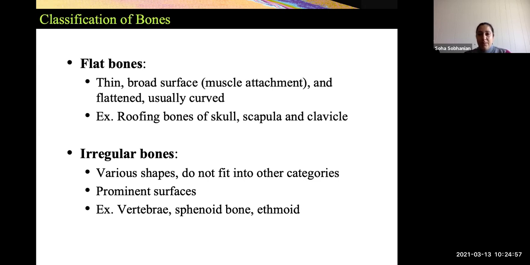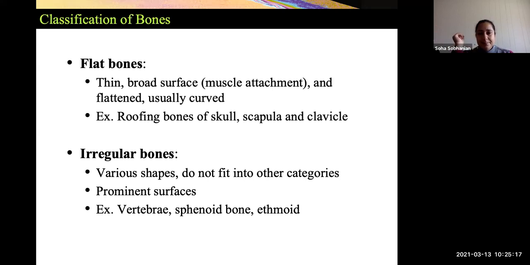Ethmoid bone is another bone in your skull. It starts behind your nasal bone and goes all the way into your skull, sitting right here. Again, no specific shape, a bunch of holes in it, so you can't put it in any of the other categories.